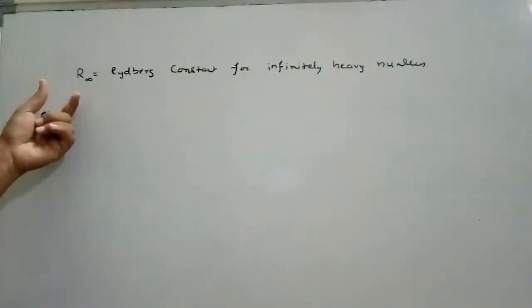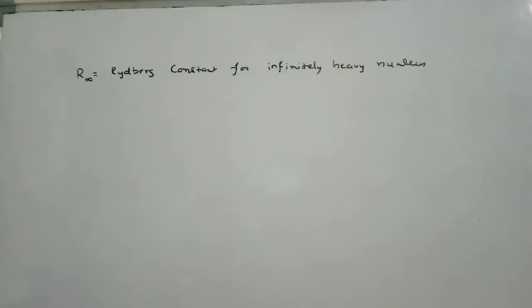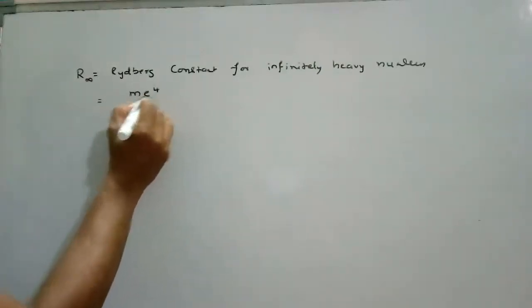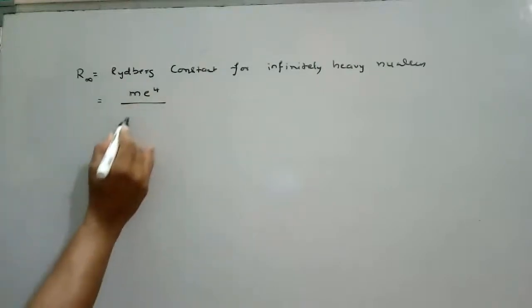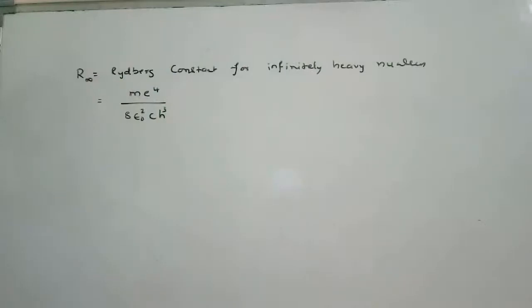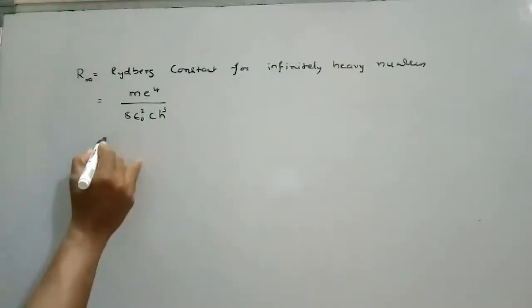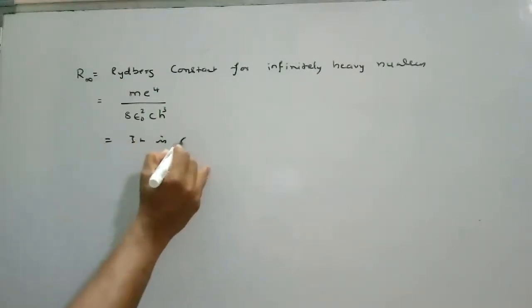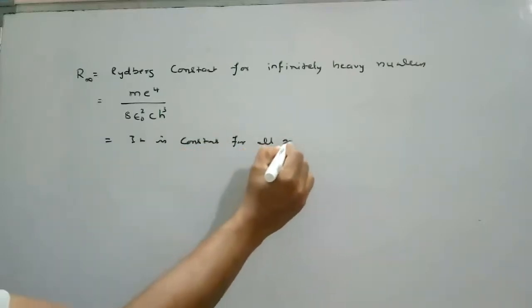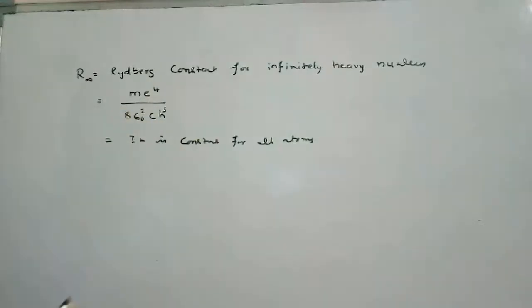For an infinitely heavy nucleus, the Rydberg constant is R infinite, and the value is m e power 4 by 8 epsilon naught square c h cube. It is constant for all atoms.